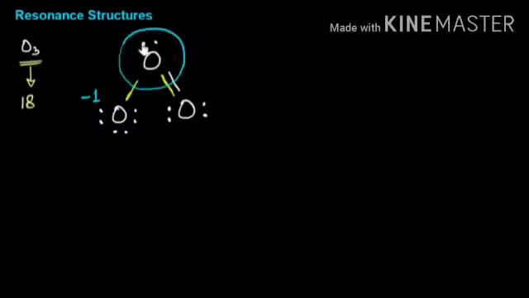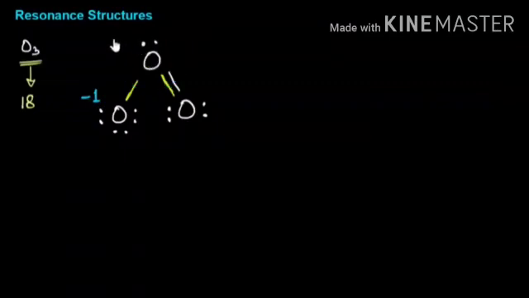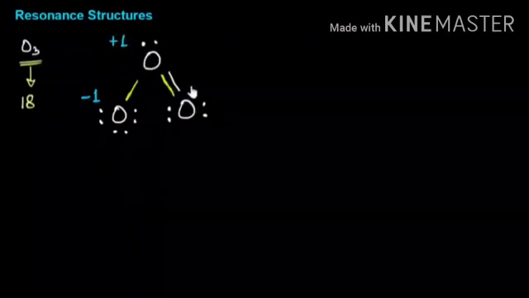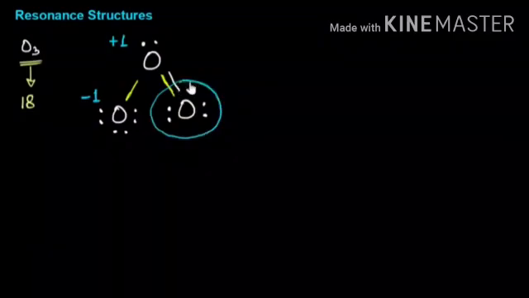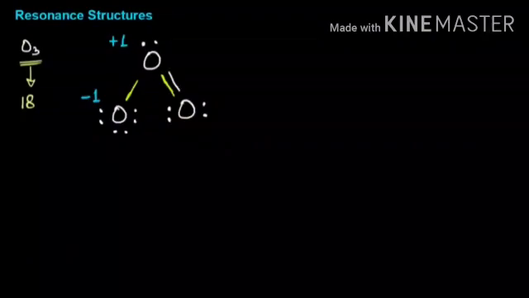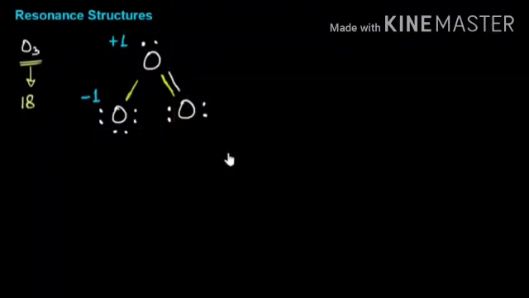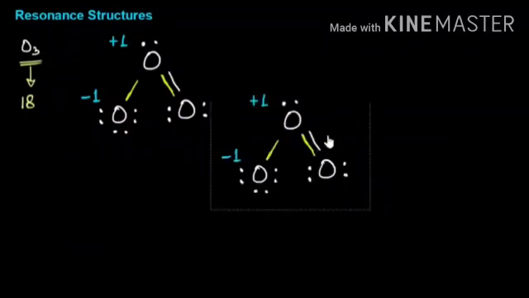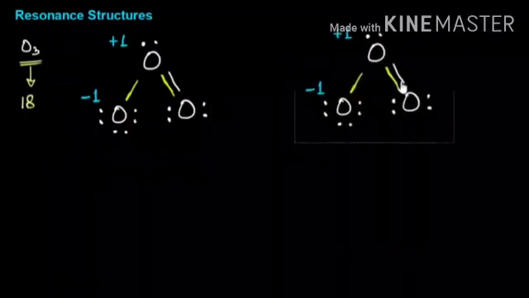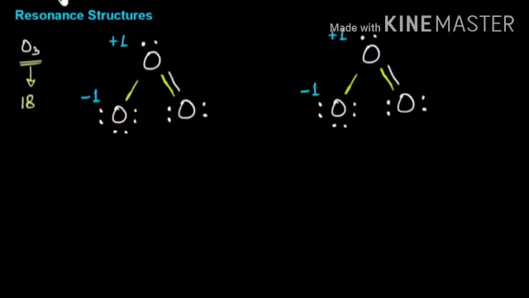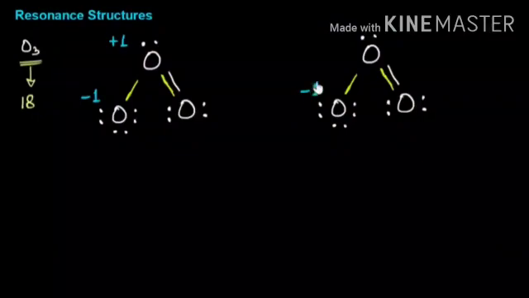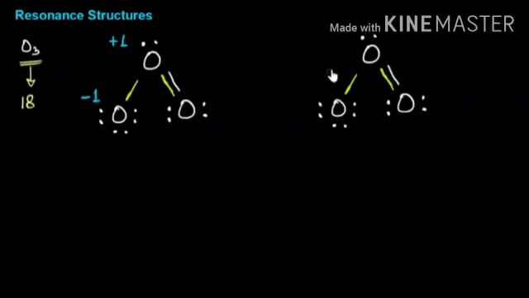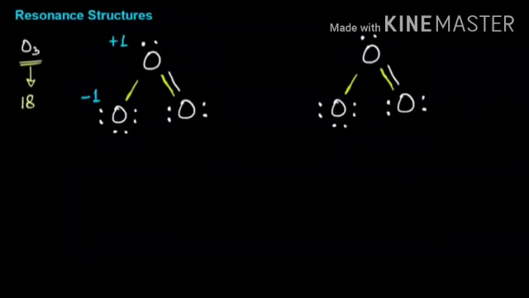By doing so, the central atom acquires a positive charge, and the surrounding atom, in which no electrons are shared, acquires a negative charge. As one atom in this molecule acquires 1 unit positive and the other atom acquires 1 unit negative charge, the whole molecule is neutral in this structure.